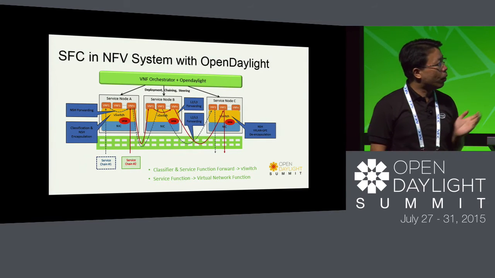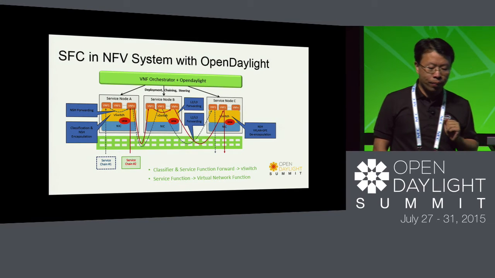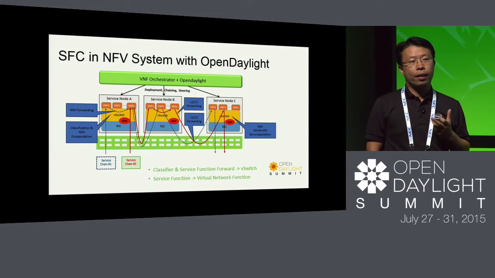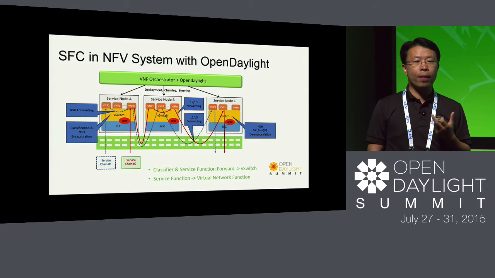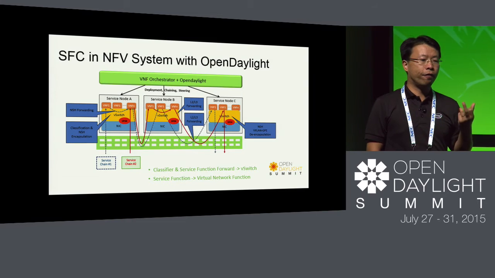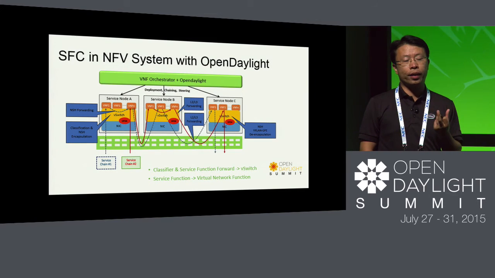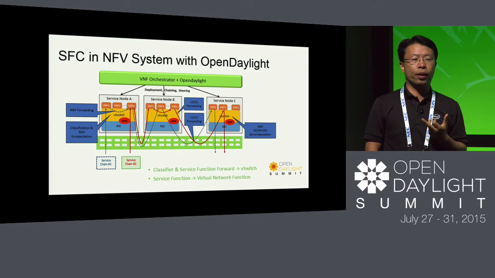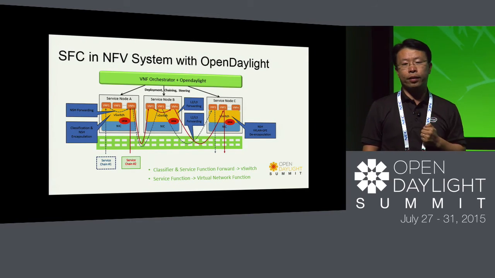Okay, so in an NFV system, there is a lot of debate in the community about, if I'm a telco or data center carrier, how I can ensure that a physical appliance-based service function chain has much better performance than a virtualized environment. If I want to migrate to an NFV-based solution, how can I ensure, from a performance perspective, that it can compete with the physical appliance-based solution?